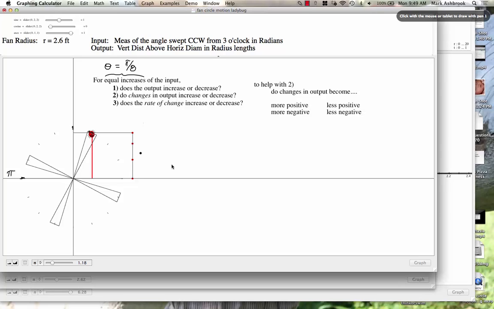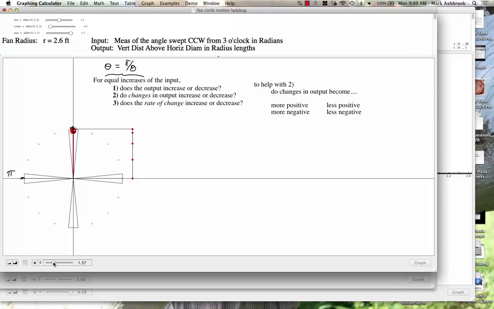People are still saying more positive. This is the largest change right here. And then this one's a little bit smaller, and this one's a little bit smaller. So the vertical distance is increasing, but the change in vertical distance is decreasing. So when the changes are decreasing, the rate of change is decreasing.